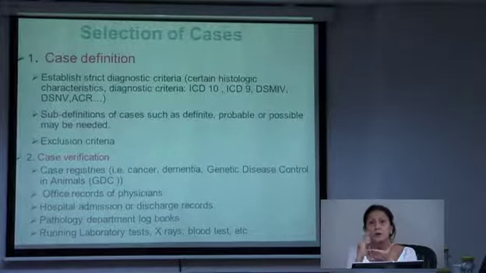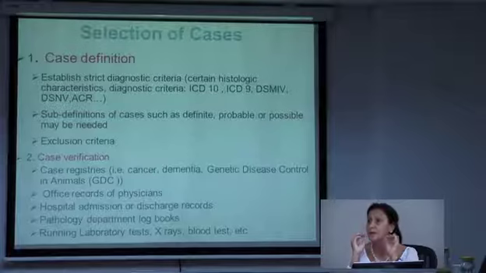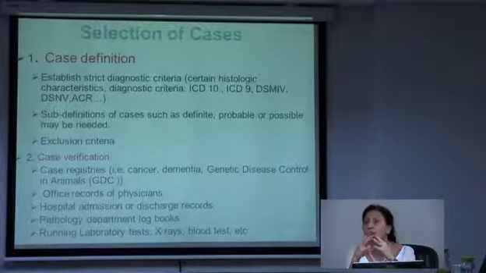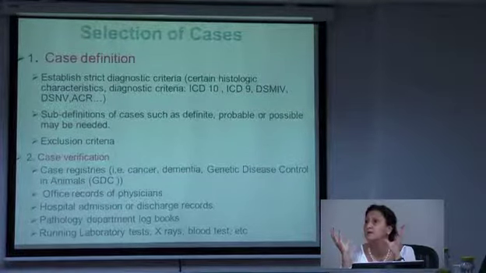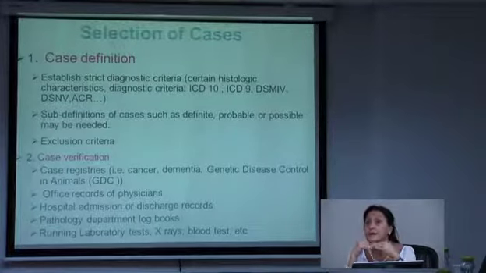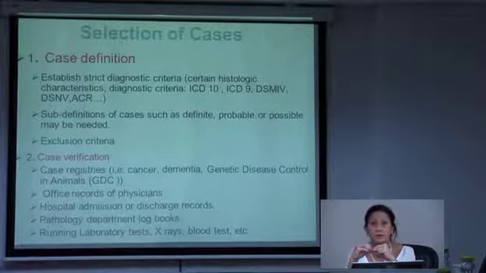When I talk about cardiovascular disease, I have to specify exactly the level, the intensity, etc. So my case definition should be very clear. In order to have a group of cases that are homogeneous, you cannot have cases from everywhere. So you have to think about putting criteria, so you have to have strict diagnostic criteria for the cases.